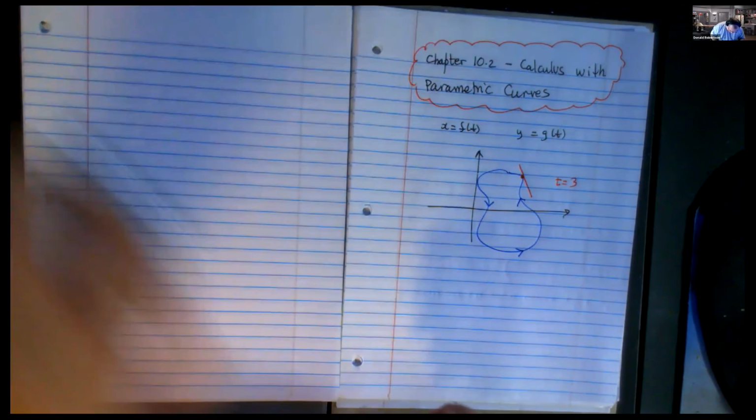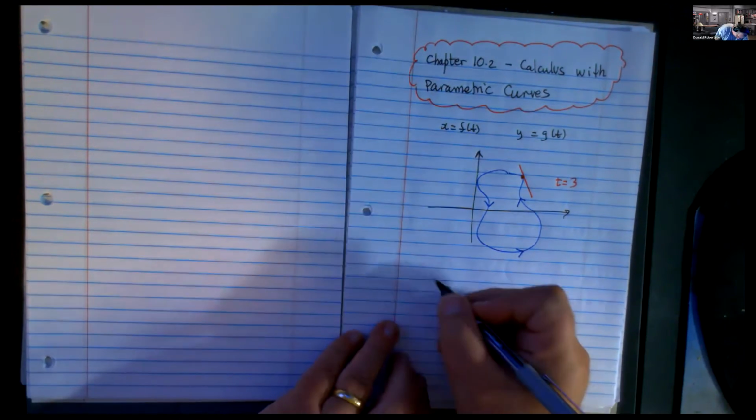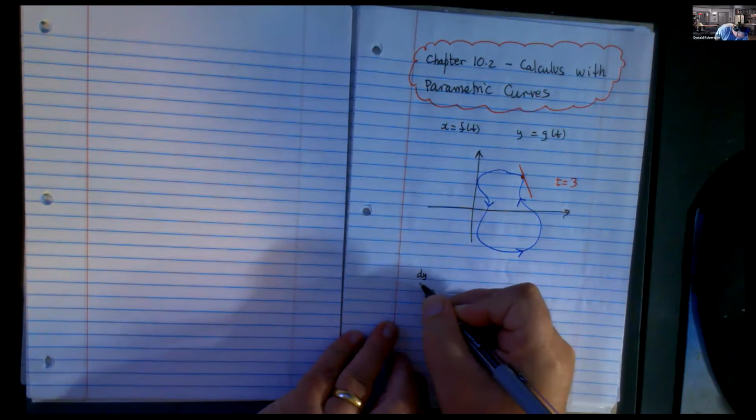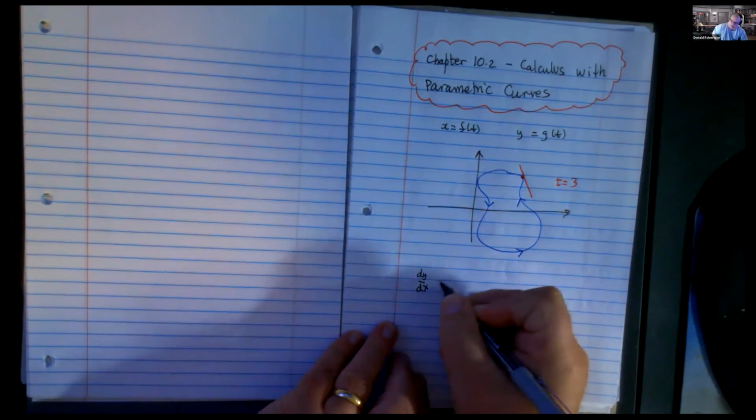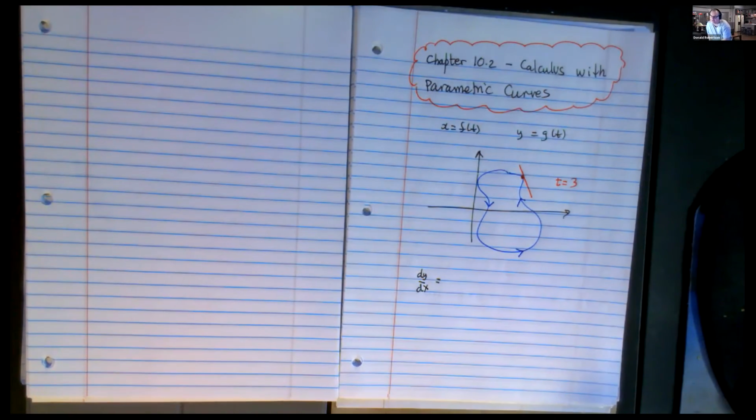Well, it's a remarkably simple formula. We're going to call it dy by dx, right? We're going to use that notation. Remember the f dashed x notation, dy by dx notation. You might even have seen the y dashed notation, but this is the notation that we're going to use.